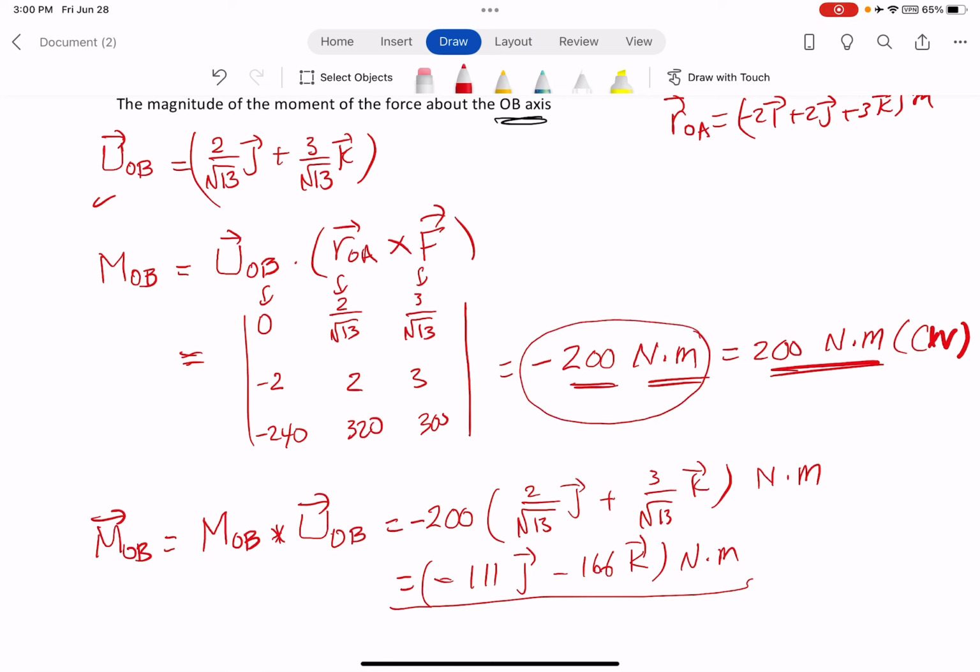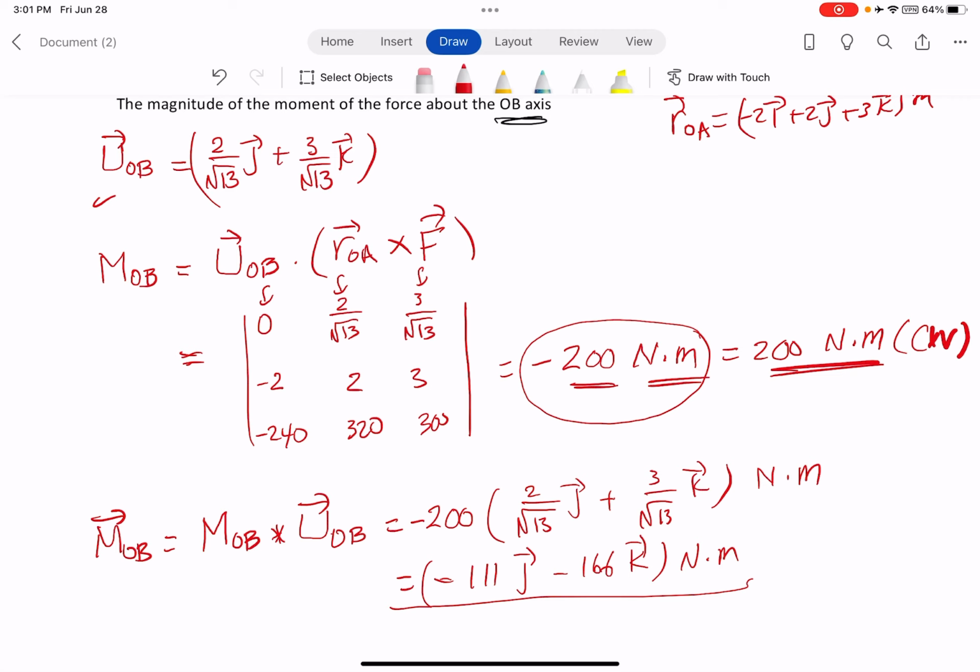And that's going to be the moment around the axis OP in Cartesian format, and the other is the moment around the axis OP in scalar format. Thank you very much. These are the only two things. Either a moment around a point, you have to put the determinant, IJK, put the position vector, and put the force down. Or if you want to find the moment around an axis, you have to find the unit vector of that axis, find the position vector of that axis, find the magnitude, divide the position vector by the magnitude to find the unit vector, and then put the unit vector at the top.